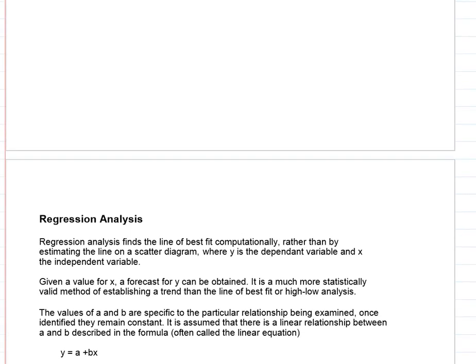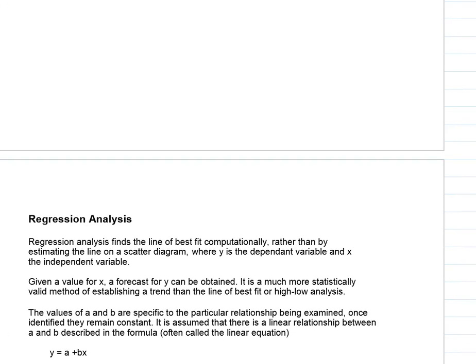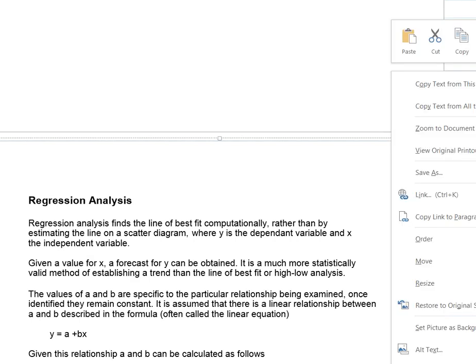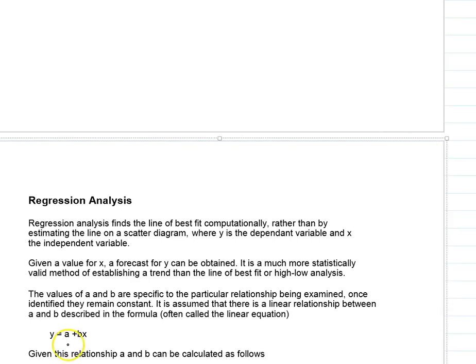And what regression analysis will do is to derive the linear equation using statistical techniques much more accurately than using the line of best fit on the scatter diagram. We can calculate the variables A and B here using what look like quite complicated formula.